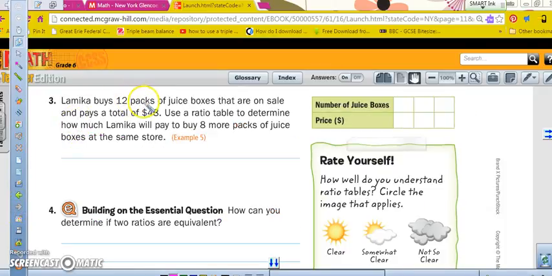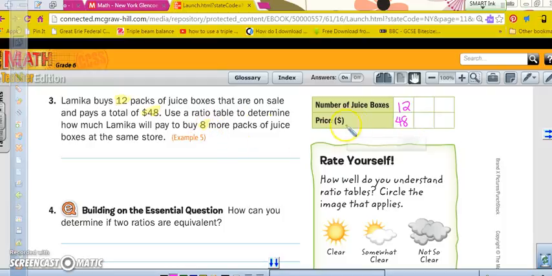All right, now let's look at number 3. Lamika buys 12 packs of juice boxes that are on sale for a total of $48. So juice boxes and price. So 12, 48. Use a ratio table to determine how much Lamika will pay to buy 8 more packs of juice boxes at the same store. So 12 packs pays a total of $48.